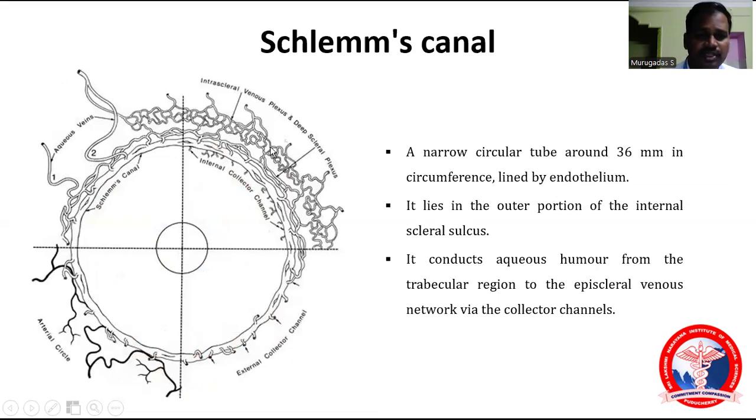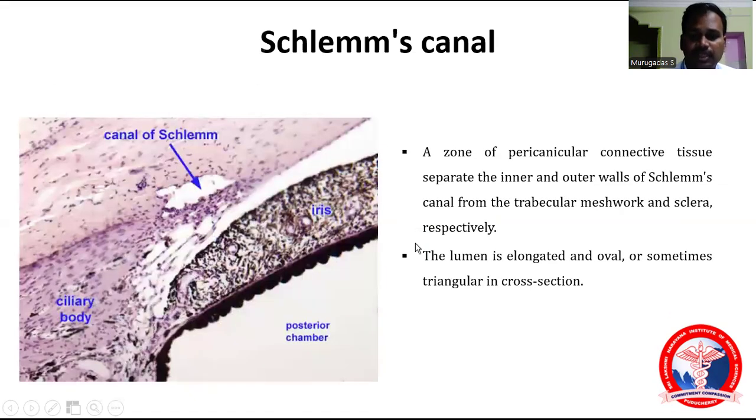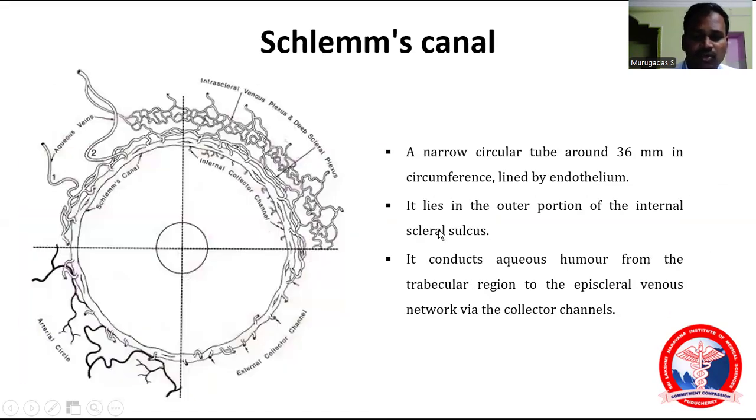This is a 360-degree view of this angle structure, that is Schlemm's canal. The narrow circular tube around 36 millimeter in circumference, lined by the endothelium. It lies in the outer portion of the inner scleral sulcus.